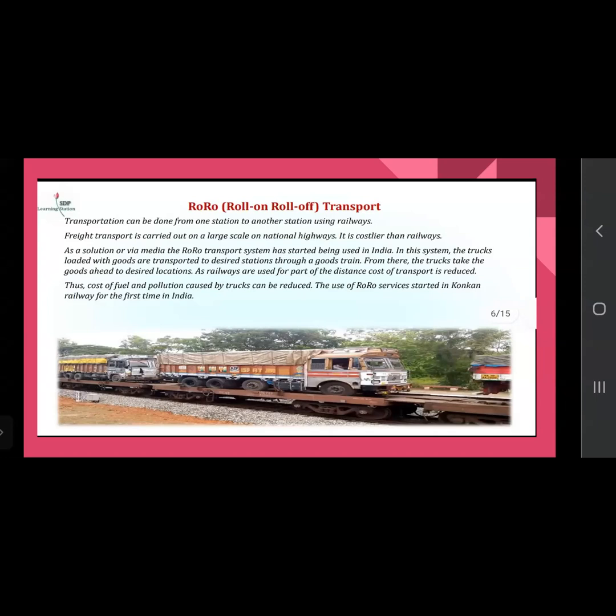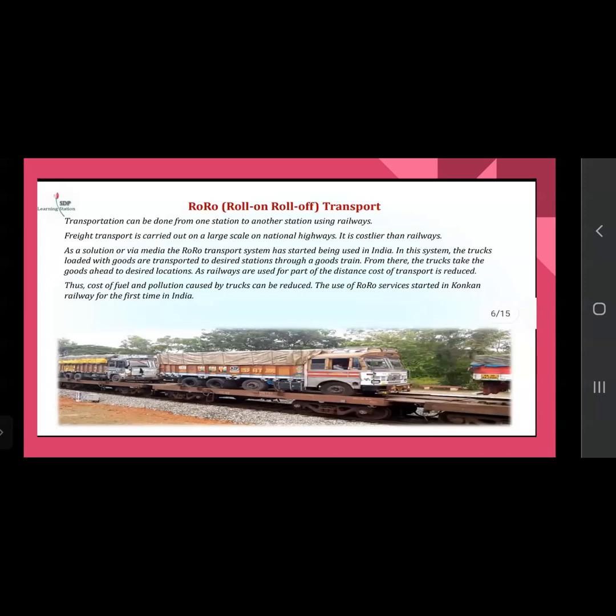As railways are used for part of the distance, the cost of transportation is reduced. Thus, the cost of fuel and the pollution caused by the trucks can be reduced.